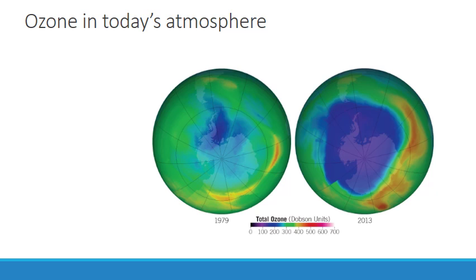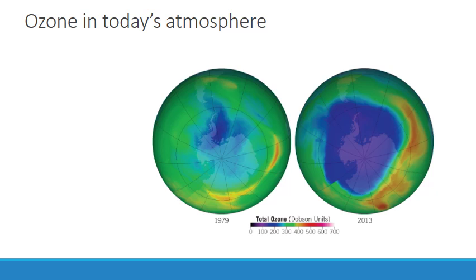The loss of ozone is a serious global scale environmental problem. Measurements over the past 3 decades, we've been able to measure it since about 1979. But since about 1985, we've been doing a good job of it.